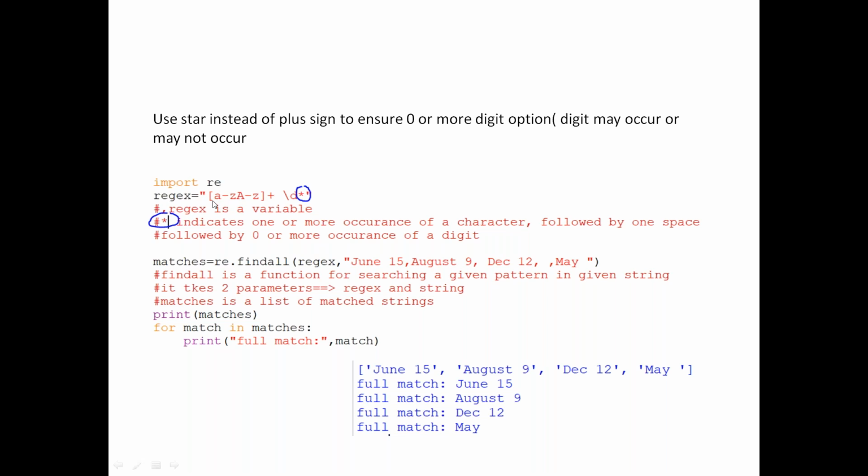Same combination I have here, for June 15. So I have a regular expression like this. The regular expression is nothing but a variable. Sorry, plus is one or more occurrences, not star. Plus is one or more occurrences of the character, followed by the space, followed by zero or more occurrences of the digit.